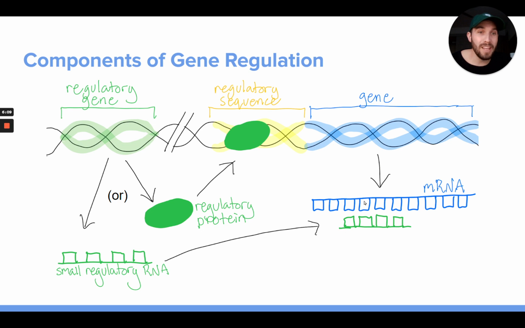So this will stop the mRNA from being translated, ultimately causing this mRNA to not lead to a protein being made. It's going to block a ribosome from reading this mRNA. And so that also is coded by certain regulatory genes. So sometimes regulatory genes are coding for these regulatory proteins, and sometimes they're coding for these small pieces of regulatory RNA that can go mess with your mRNAs and prevent them from being translated.